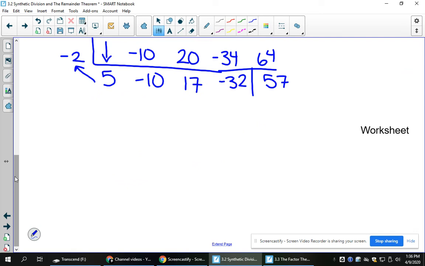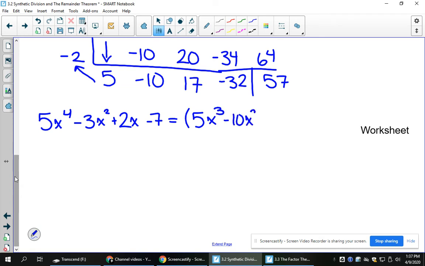Since the remainder is not 0, x equal to -2 is not an x-intercept, but we can still write that our original polynomial when divided by x plus 2 will give you this new polynomial, 5x cubed minus 10x squared plus 17x, pardon me, times the x plus 2 that we tried to divide, but there was a remainder of 57.